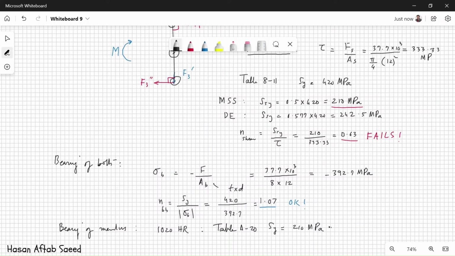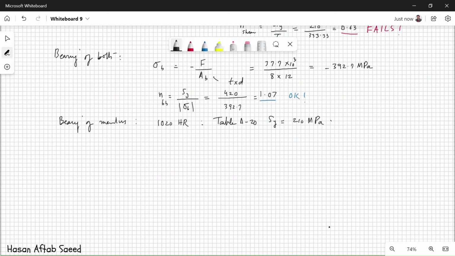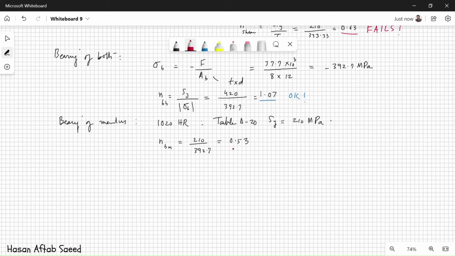Now using again the same formula, this time for bearing of members, we have SY in this case will be 210 divided by 392.7. This means that this turns out to be 0.53. Again, this has failed.